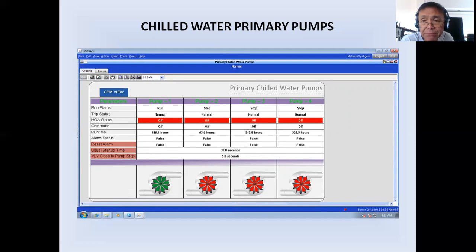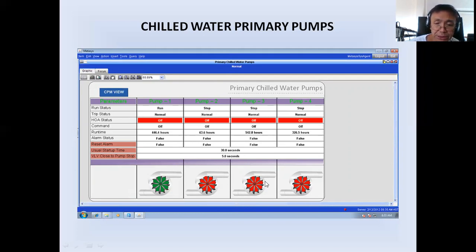There is some time delay before it will start. Here that is 30 seconds. Now these parameters are always flexible. The operator can adjust this startup time. Then valve close to pump start. There is also a 5-second delay.